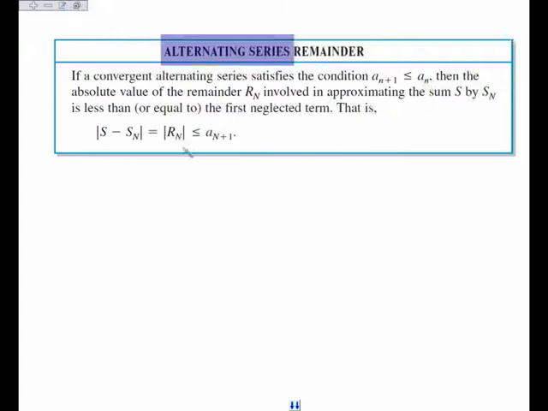That is, we claim that the difference between the actual sum and our estimate is going to be equal to the remainder. This is also known as the error.